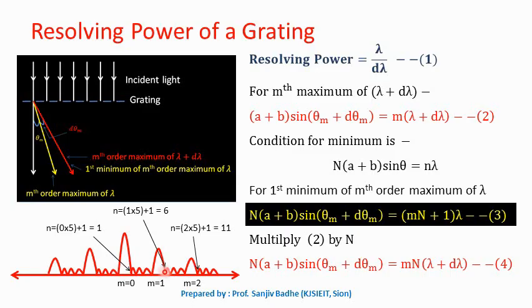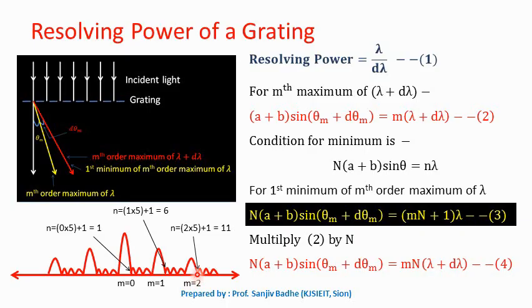If you consider this one, that is the first minimum of the first order maximum, and if you count the order of this from the center, it will be 1, 2, 3, 4, 5 and 6. So we can get the order of this minimum as 1 into 5 plus 1. So order multiplied by the number of lines on the grating plus 1. One more example here.